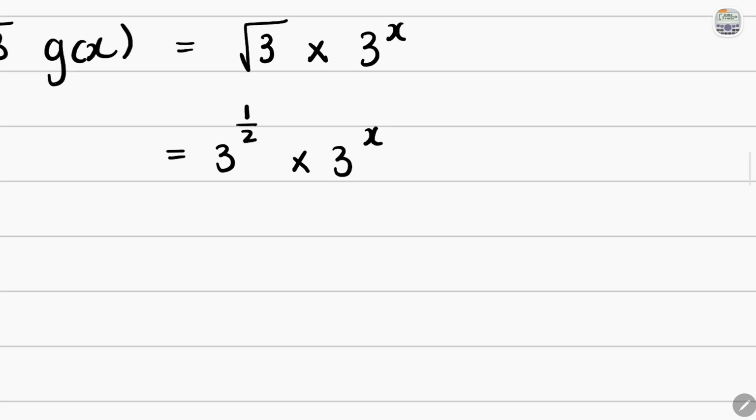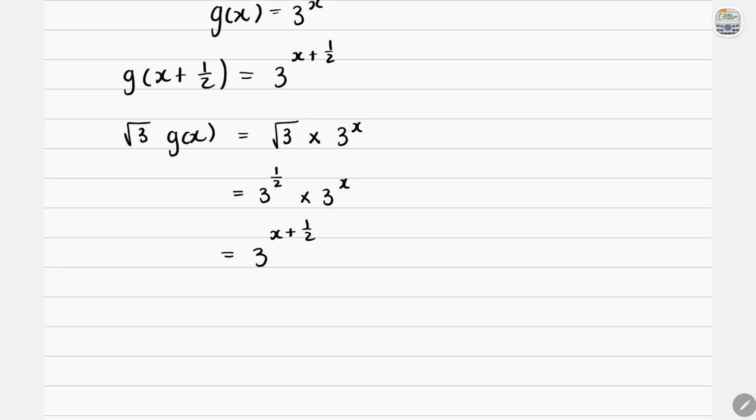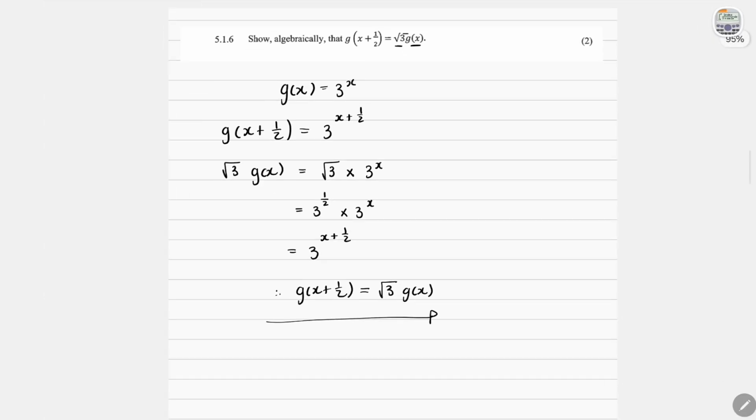And if the bases are the same and you're multiplying, you need to do what to the exponent? You need to add the exponents. So leave the base as 3, and then this is x plus a half. And you see how they are equal? So this means that g of x plus a half is indeed equal to the square root of 3 times g of x. And that is our answer.